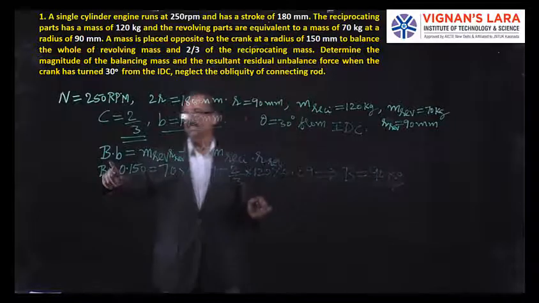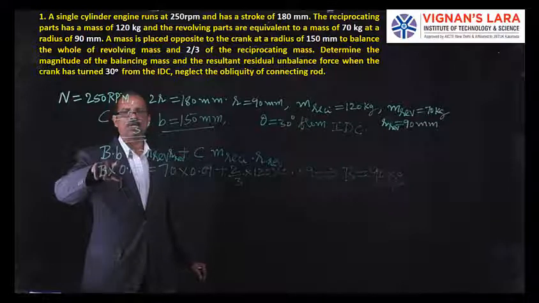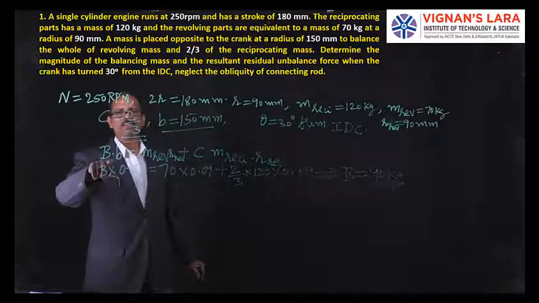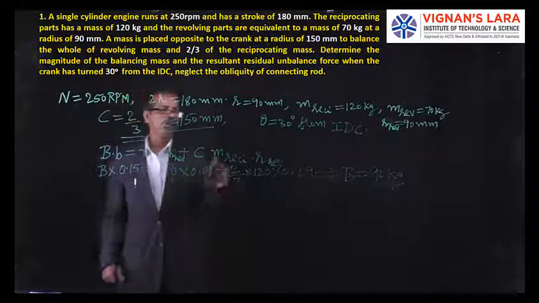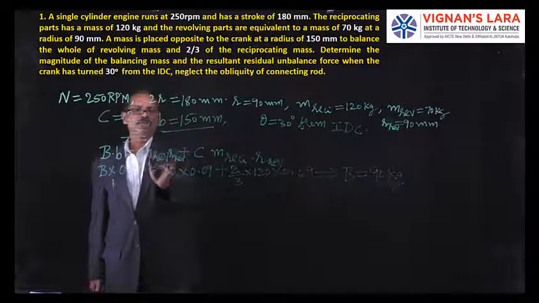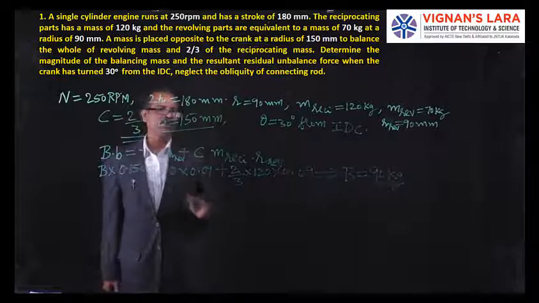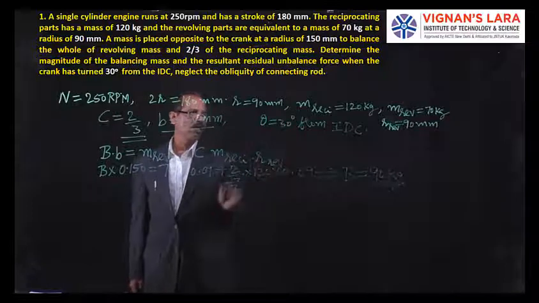So we know that the mass is kept at a radius of small b. So the product of that mass into the radius is equal to the one which you are balancing. You are balancing complete revolving, that is m revolving into r revolving, plus c m reciprocating r revolving.